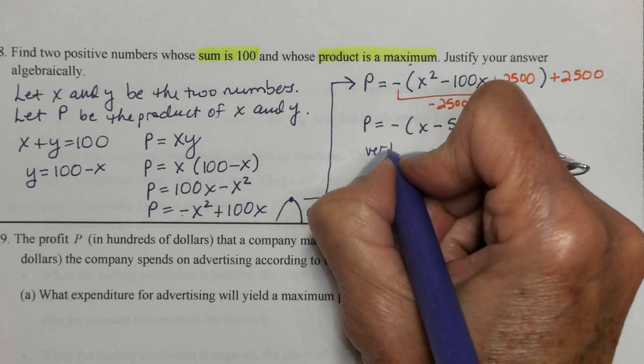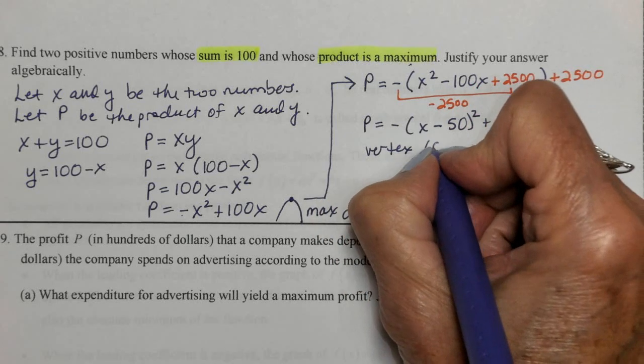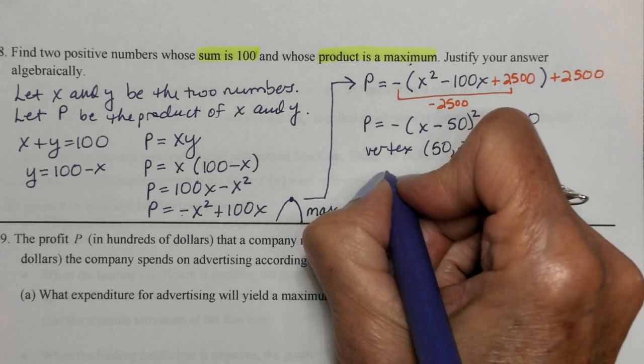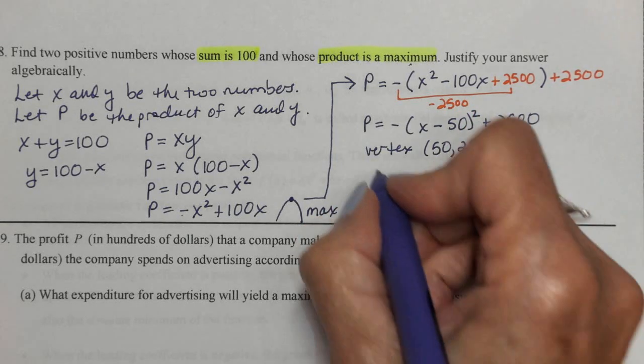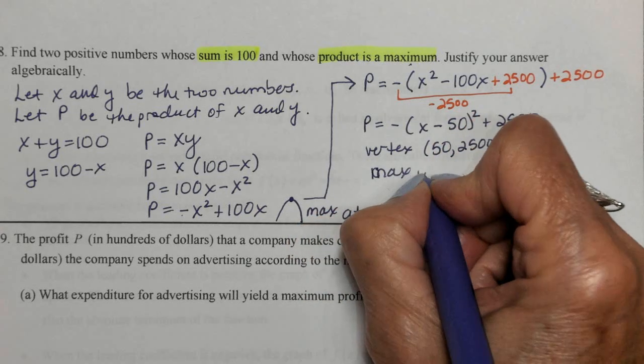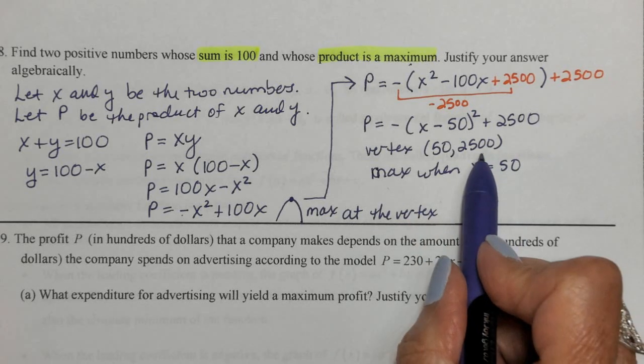The vertex of the parabola is (50, 2,500). So the x coordinate there, max, I'm going to say max when x equals 50. Is this the y coordinate?